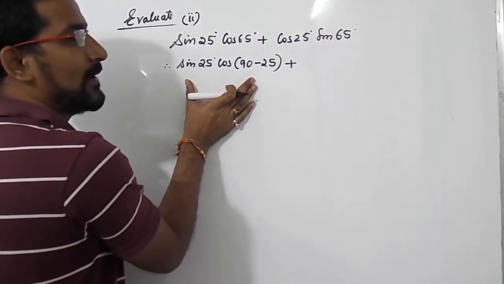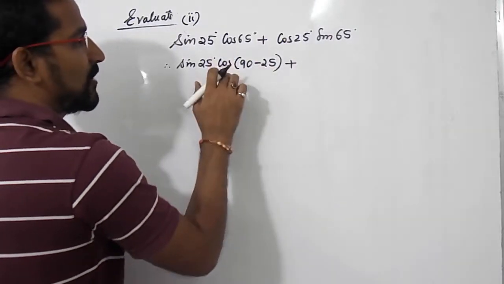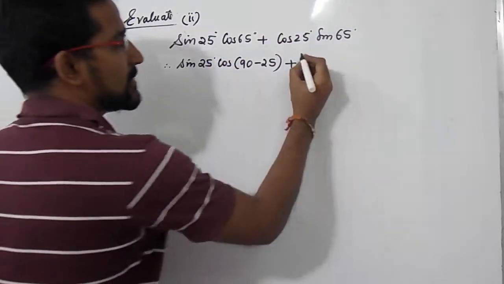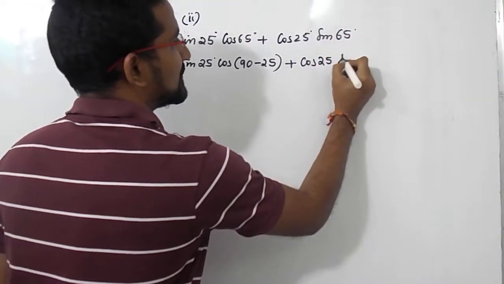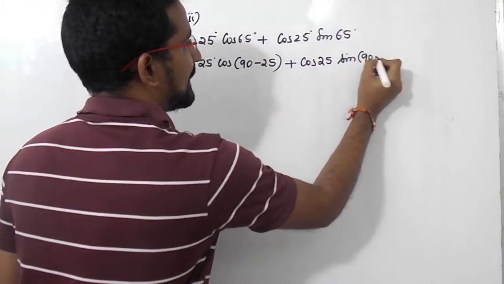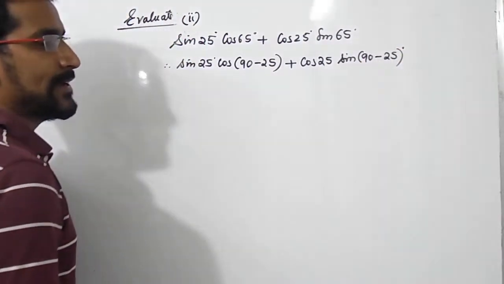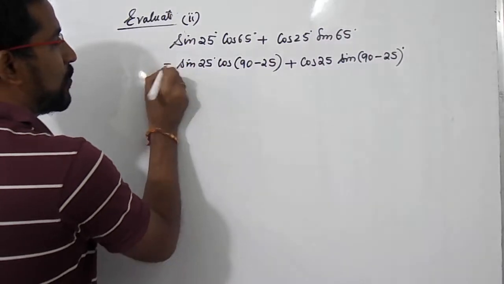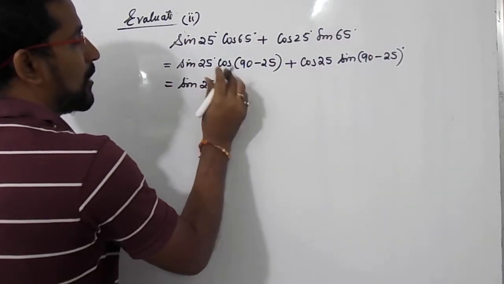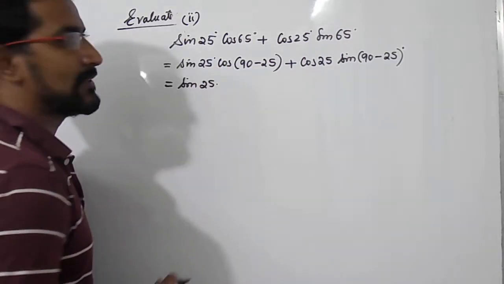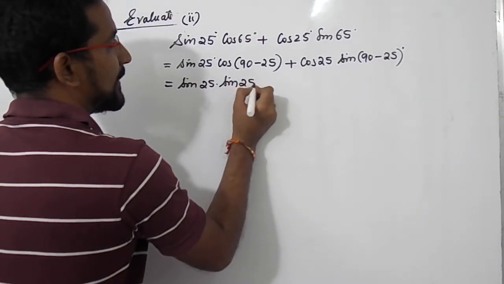So sin square theta plus cos square theta. If you have converted cos here, we are going to convert sin here. So it will be cos 25 into sin (90 minus 25), because 90 minus 25 is nothing but 65. Therefore, sin 25 into cos (90 minus theta), which is sin theta, where theta here is 25, so it will become sin 25.